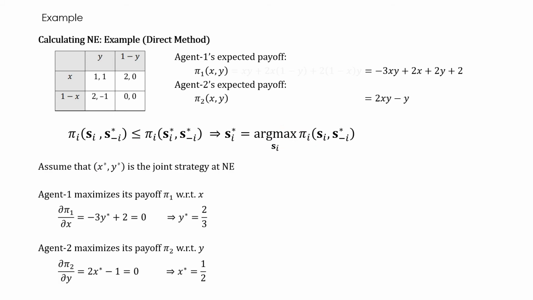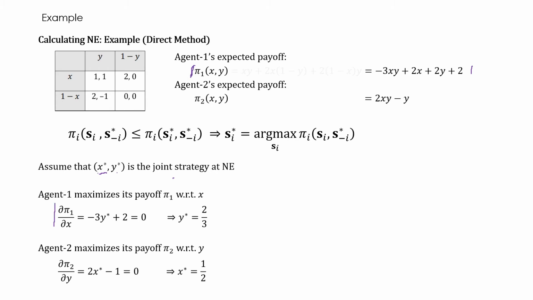So let's assume in our little example that x star, y star is the joint strategy at Nash equilibrium. So agent 1's payoff is this, and agent 1 can adjust its payoff with respect to only x star. Whence, how do we obtain the maximum of its payoff pi 1 with respect to x?